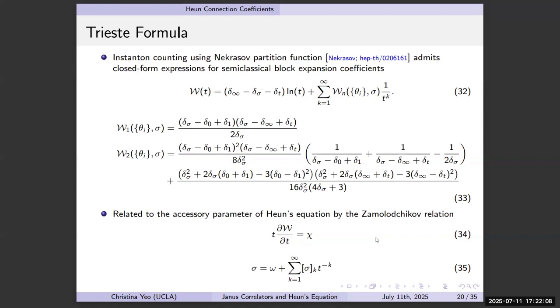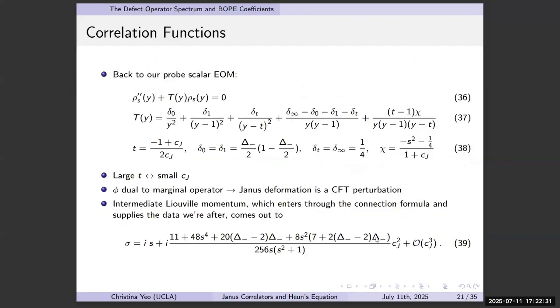And then this semi-classical block is related to the accessory parameter by the Zamolodchikov relation. And then what we're going to do is we take the large T expansion for the intermediate Liouville momentum as well, plug that back in here, solve that order by order. And that's going to supply the data we need to solve for the 2-point function. So that was our little detour, just so we can get the mathematics that we need for our physical setup.